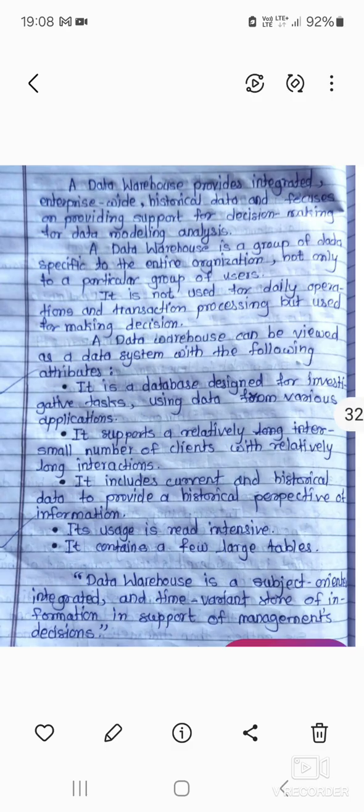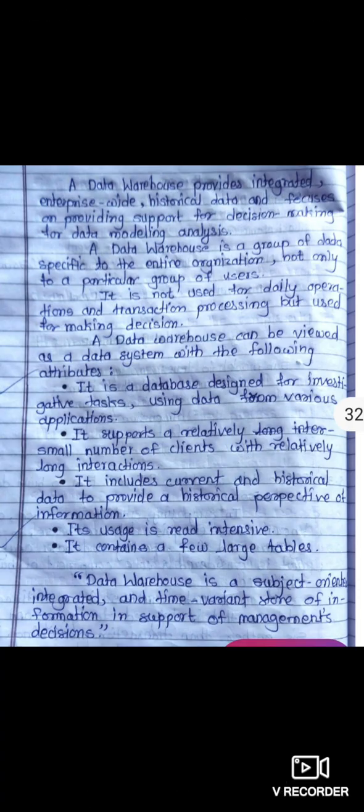It is not used for daily operations and transaction processing, but used for making decisions. A data warehouse can be viewed as a data system with the following attributes. It is a database designed for investigative tasks using data from various applications.